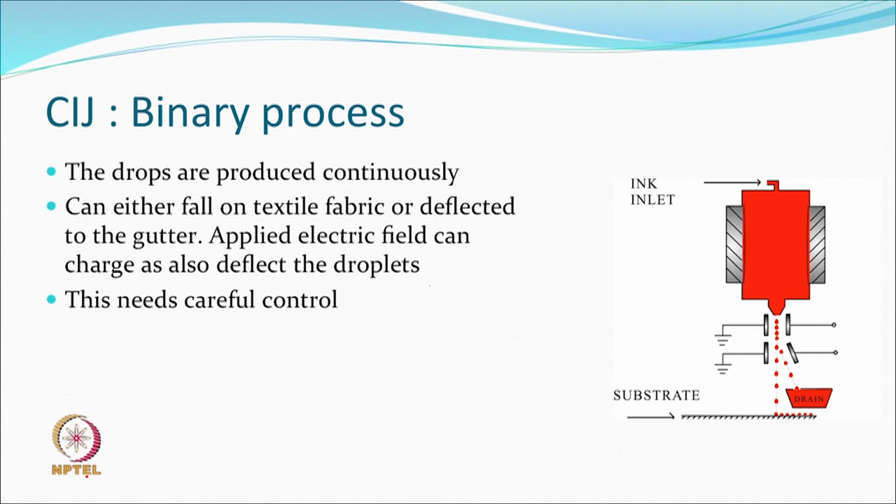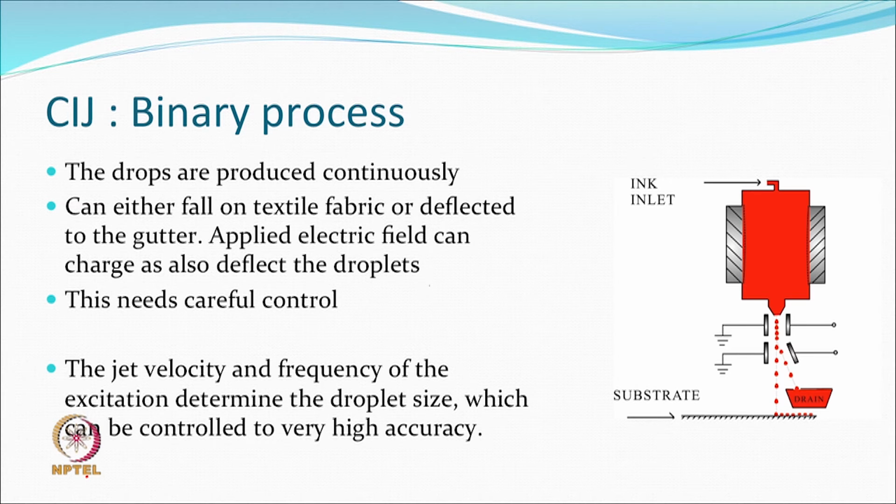Careful control, of course, of the jet velocity and the frequency of excitation. The frequency at which the jet is being thrown out would determine the size of the droplet, which should be controlled with high accuracy, and this system of charging and deflection helps that process.